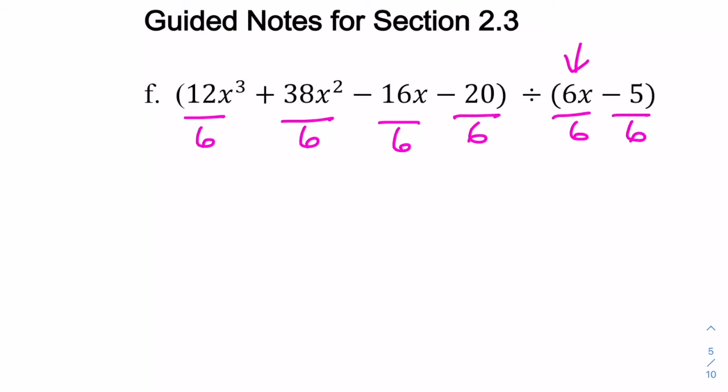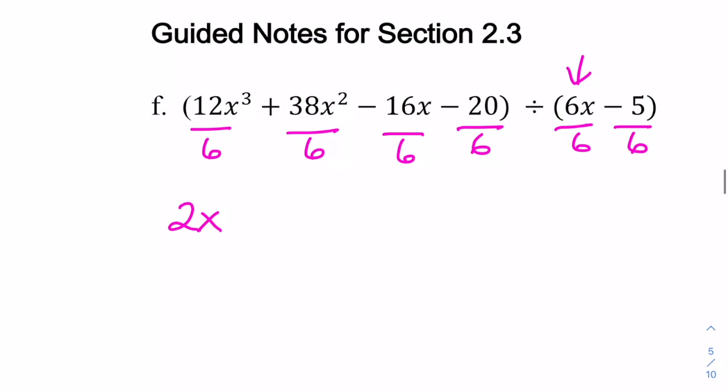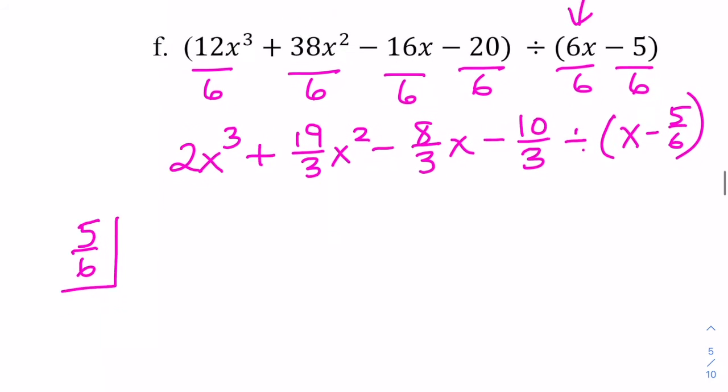So we'll get 2x cubed, and this isn't going to be easy fractions either, but this will be 19 over 3 minus, what's that going to be, 8 over 3, x minus 10 over 3 divided by x minus 5/6. Again, 5/6 will be our k, our multiplier.